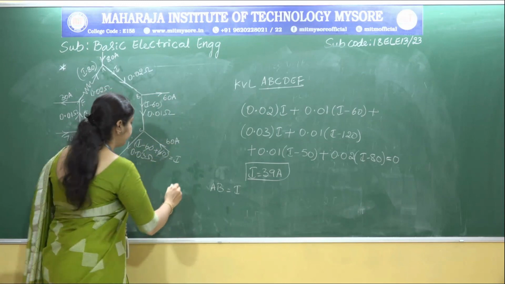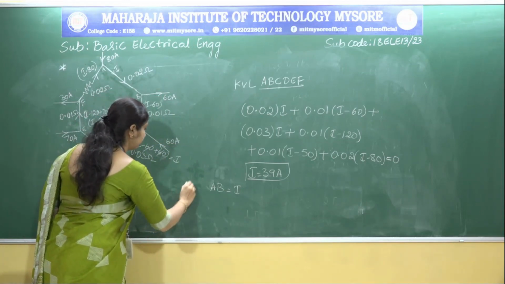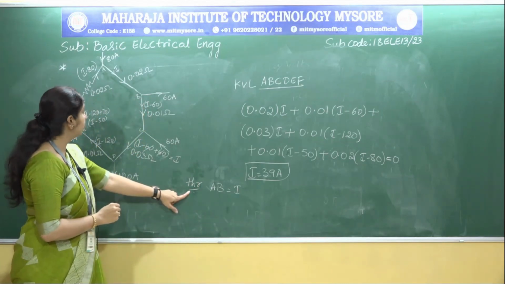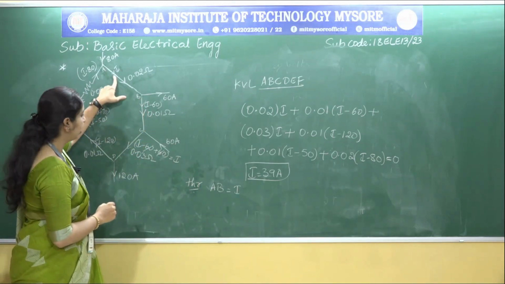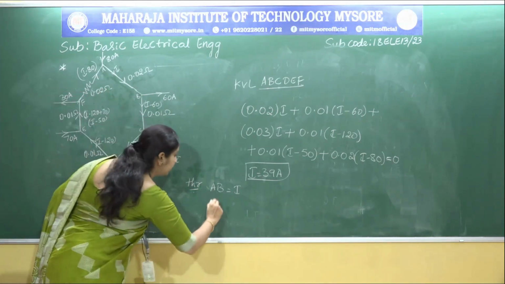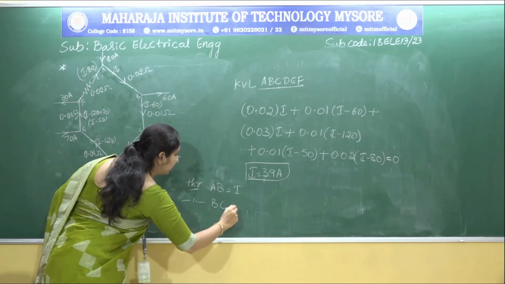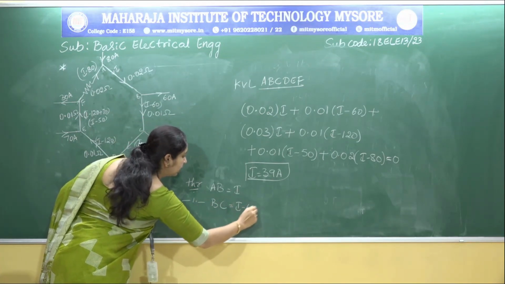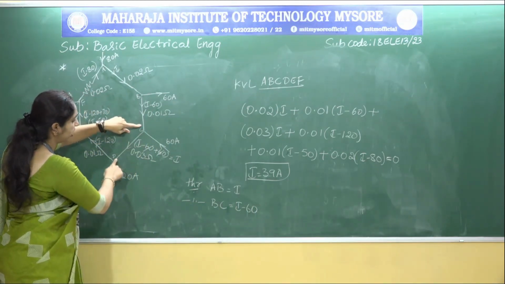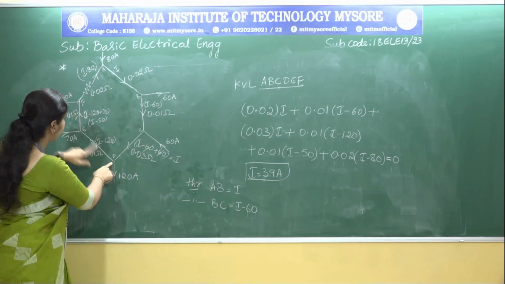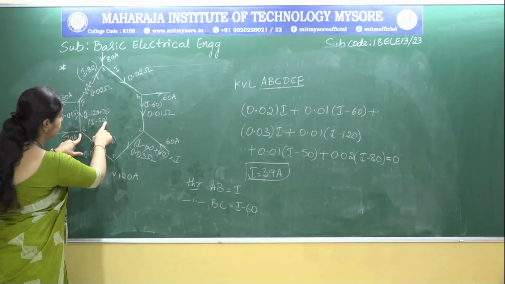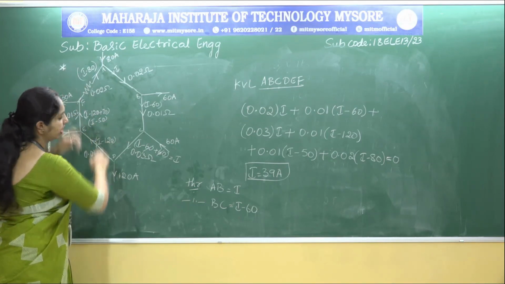Here, the current from A to B is equal to I, and similarly the current from B to C is I minus 60, and the current through C to D is again I. D to E is I minus 120, from E to F I minus 50, and from F to A I minus 80.